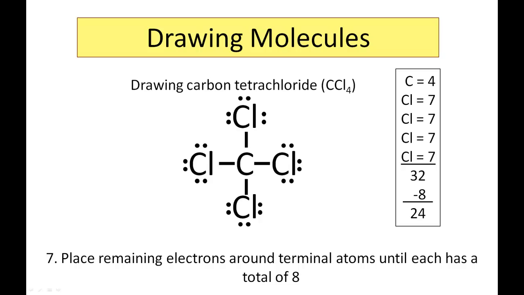If you count up the total dots around each of the chlorines, each one has 6, and there are 4 chlorines, giving us a total of 24. That is the exact amount of valence electrons we had left after the bonding. So you check and see if everybody's octet is full, and if it is, you are done drawing the molecule. We are done with this one because everyone has 8 electrons around them.